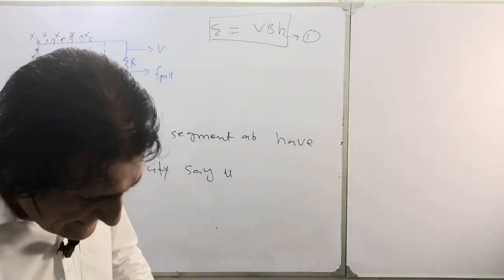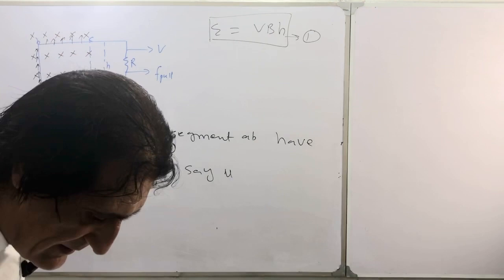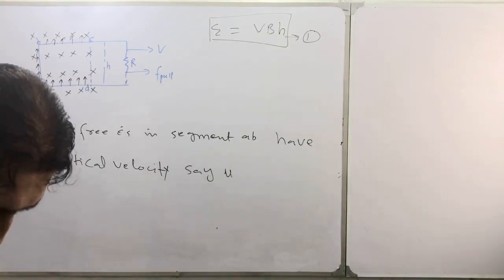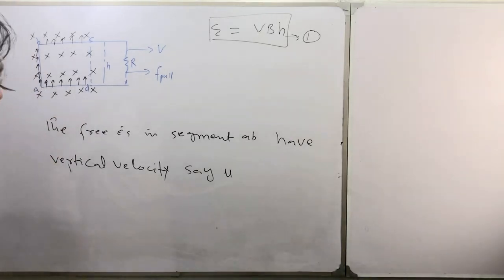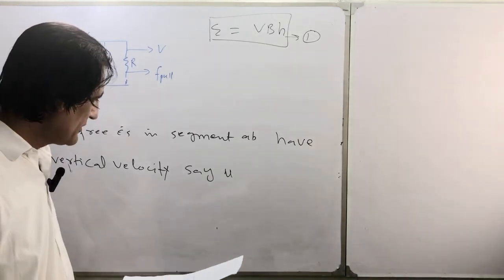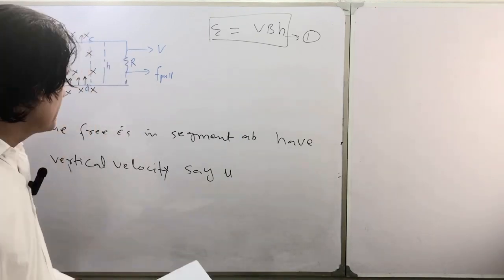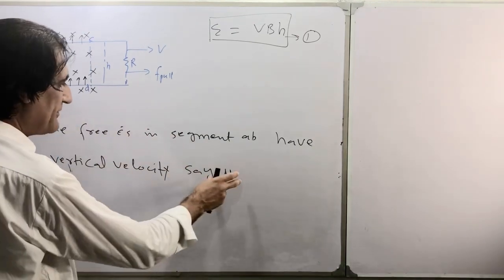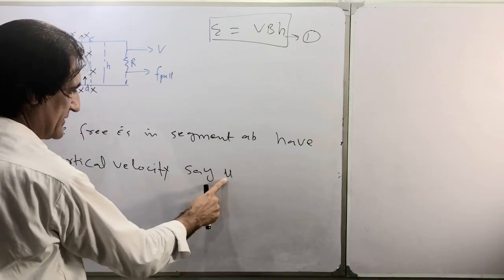Then here there are some technical things that we have to study, because there are some complications you will see here, but I want to clarify all these things, because I have the velocity of the free electron in the vertical direction, this is u.